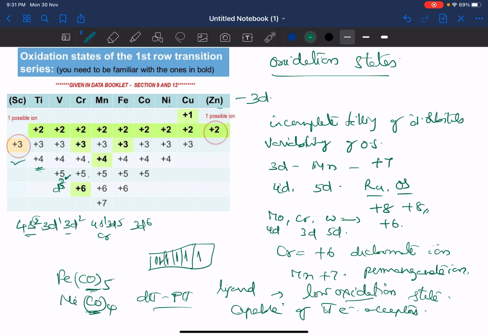So due to the capability of accepting pi electrons, in these two compounds iron and nickel show the zero oxidation state.